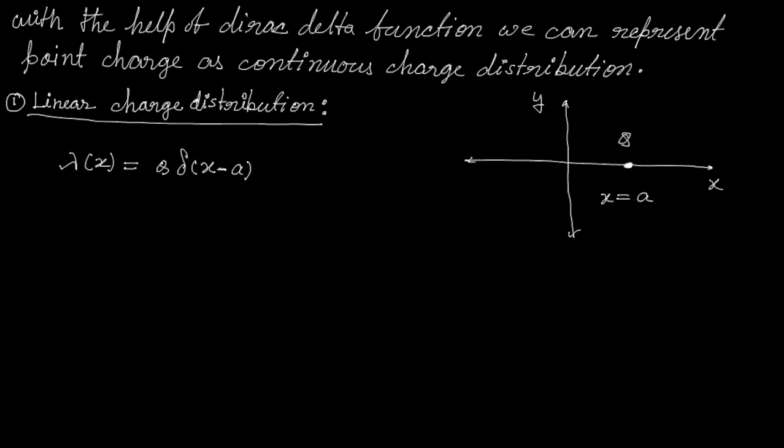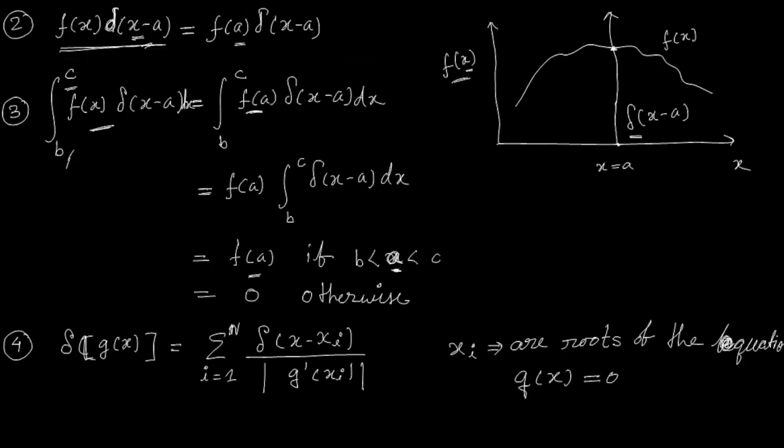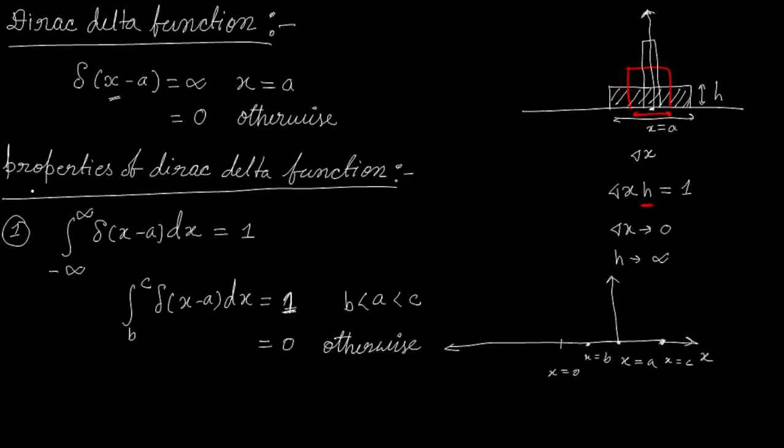For that, let me just come back here. Properties of the Dirac delta function. You see in this equation, when we multiply dx with this Dirac delta function, we get a dimensionless quantity. So now this dx, what will it represent? It represents a length. It has the dimension of length.